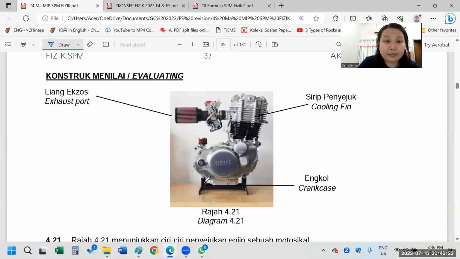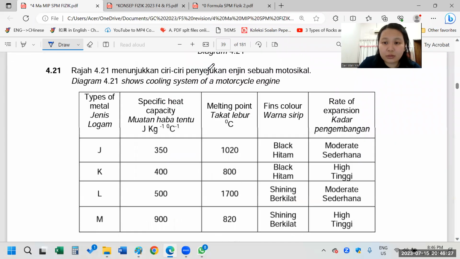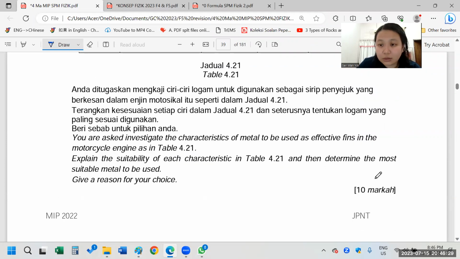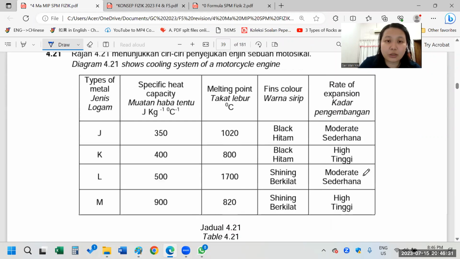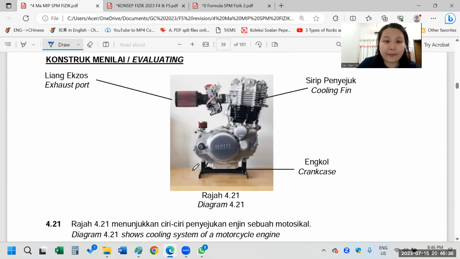Okay, like this question, page 37. This is a 10 marks question. When you see a 10 marks question, what should you do? Table, very good.